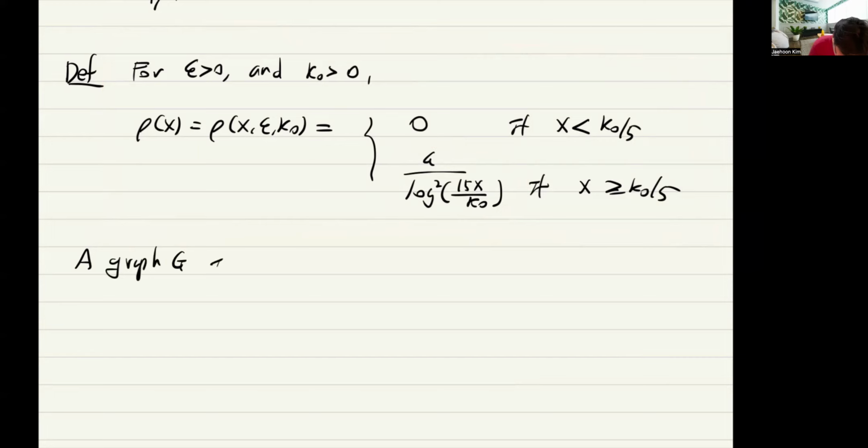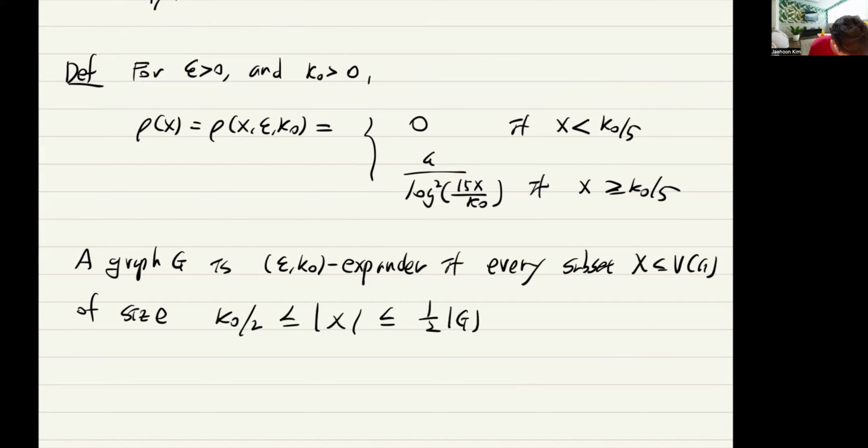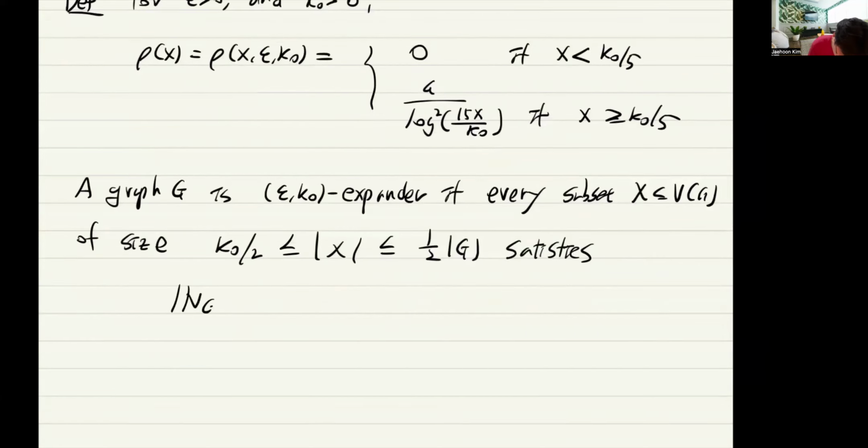So our graph G, we say that this is an epsilon K0 expander if every subset X of vertices of size at least K0 over 2 and at most half of the number of vertices satisfies the following.